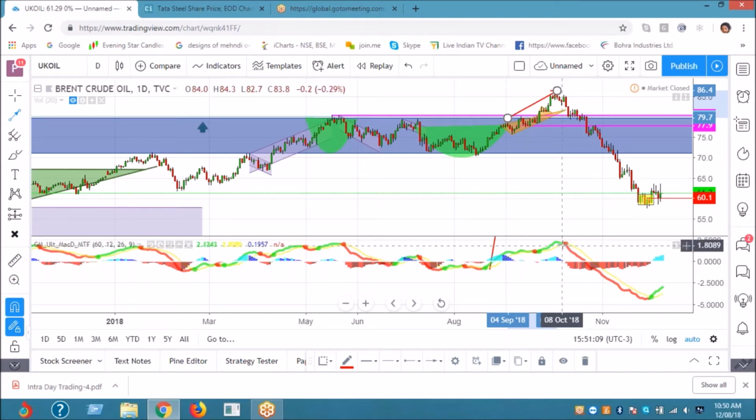It started moving down. So there are a few indicators which will help you out. It is on the screen itself when we talk about stochastic, RSI, and MACD. So these indicators will help you see whether we are overbought or oversold.